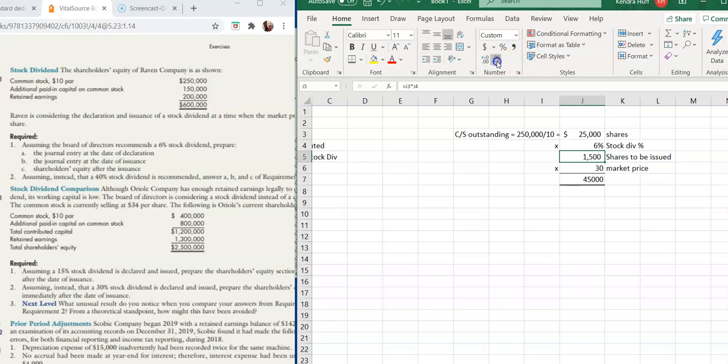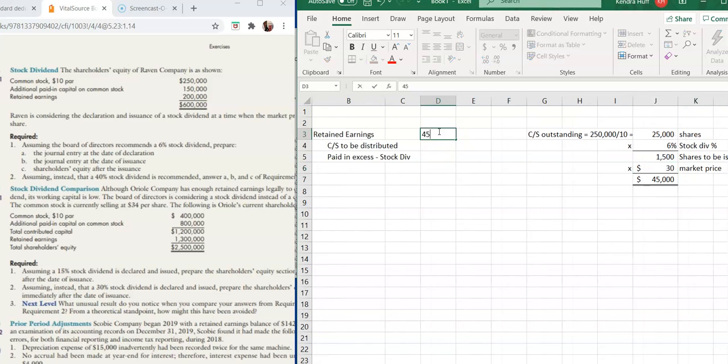Oh, shoot. There. All right, so we have 45,000 coming out of retained earnings. This is going to be the number of shares times the par value. And the difference to paid in excess.